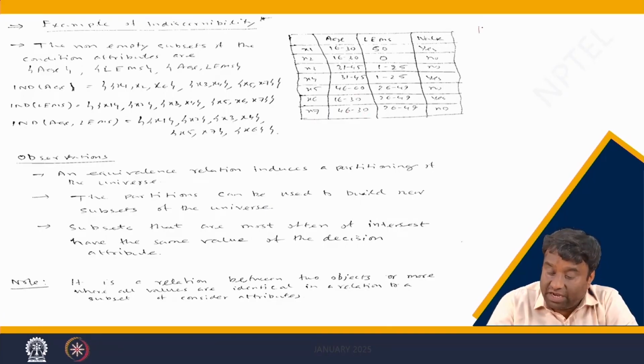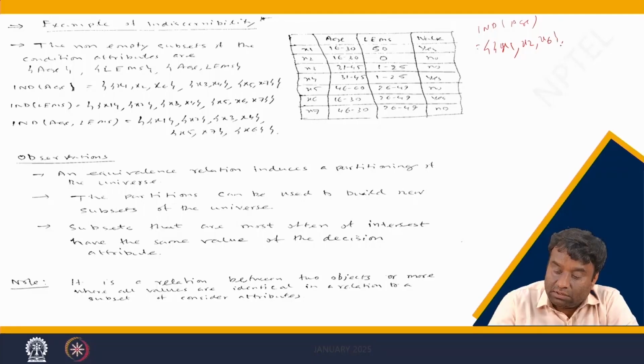So if I write the indiscernibility of age directly, you can write {x1, x2, x6}, {x3, x4}, {x5, x7}.